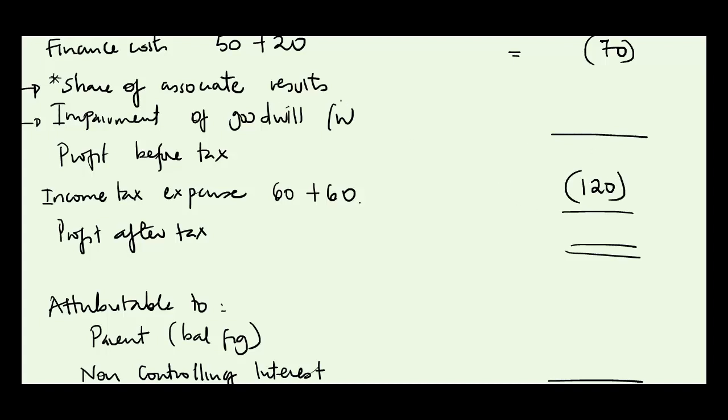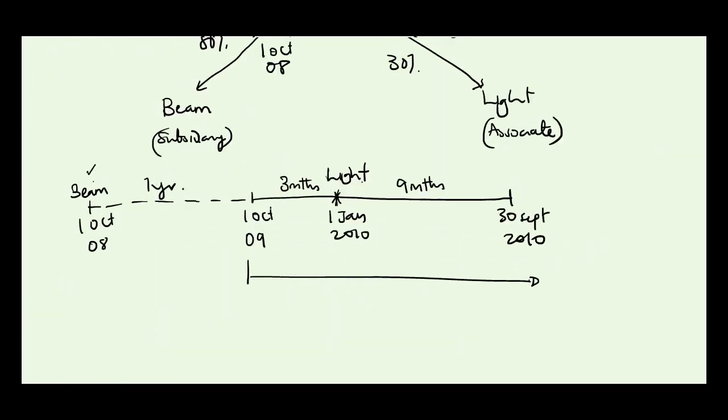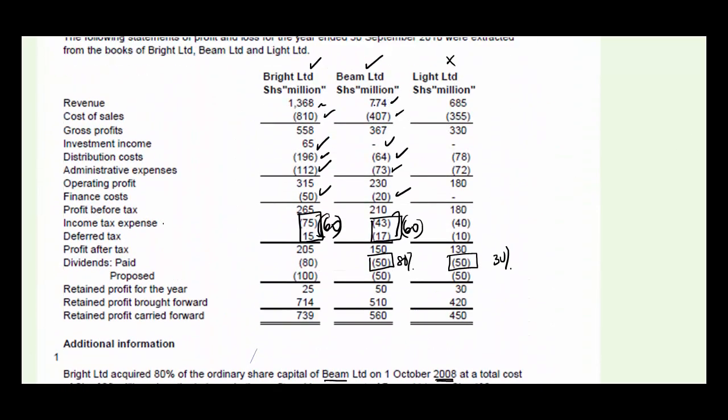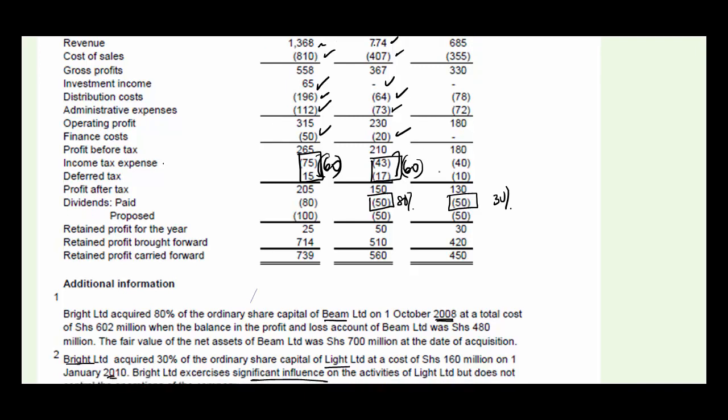So let's work out these numbers then. We have the share of associates results, then we have the impairment of goodwill. So working for share of associates results. Remember from our timeline, the associate was acquired on 1st January 2010. So our share of 9 months results is what we need to take. Light Limited had what as its profits after tax?